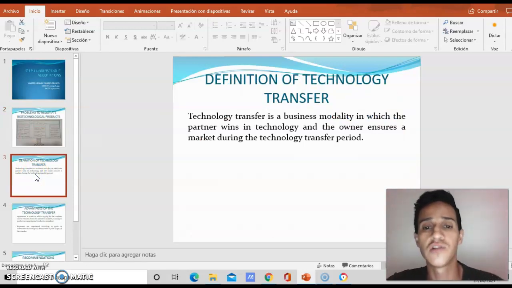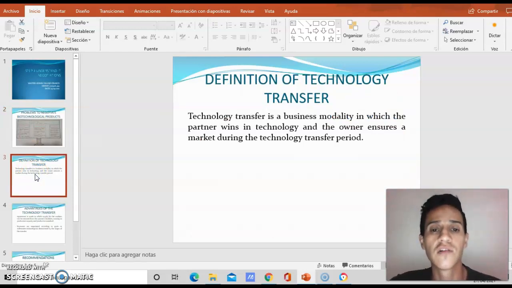Definition of technology transfer. Technology transfer is a business modality in which the partner gains technology and the owner ensures a benefit during the technology transfer period.